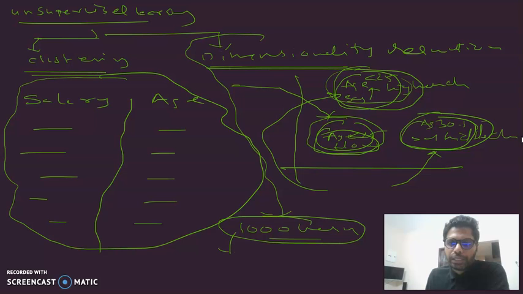You can reduce them to 100 variables. There are different techniques for doing dimensionality reduction. There is an algorithm called principal component analysis, and there are some other algorithms I'm going to talk about in further videos. So these are the main concepts in machine learning.